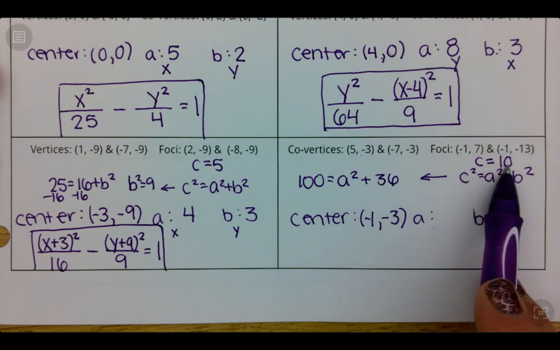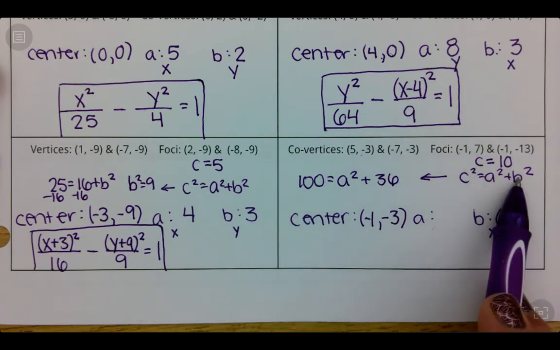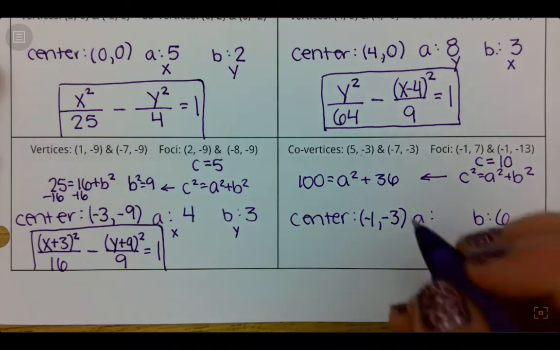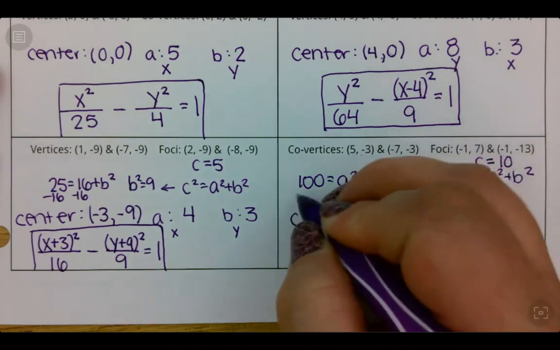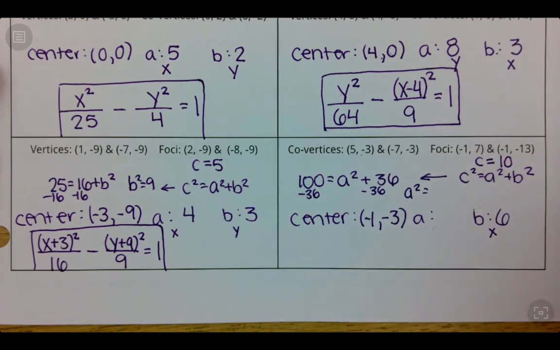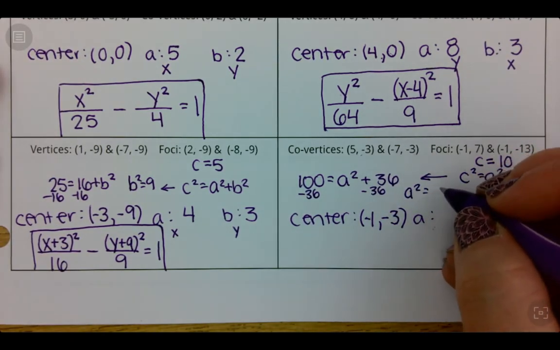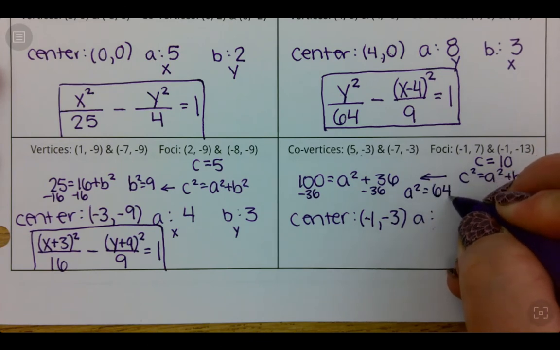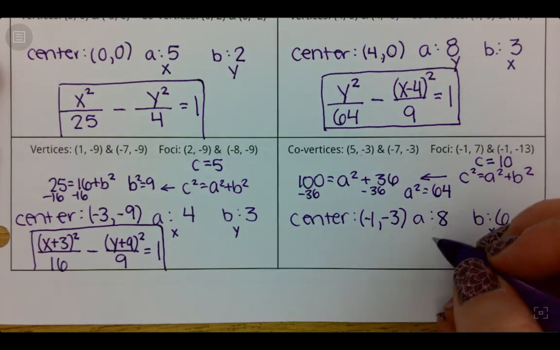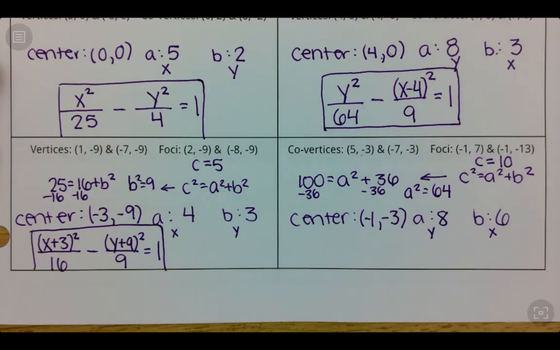C squared is 10 squared, that's 100. B squared is 6 squared, that's 36. And then I just subtract that 36 to the other side, and I get A squared equals 100 minus 36 is 64, so A would be 8. And by default, since this was my x's, this is my y's.